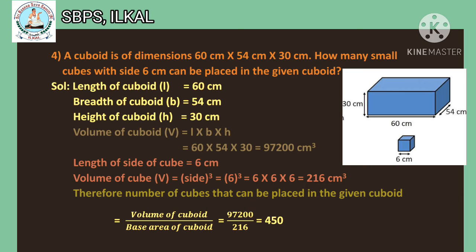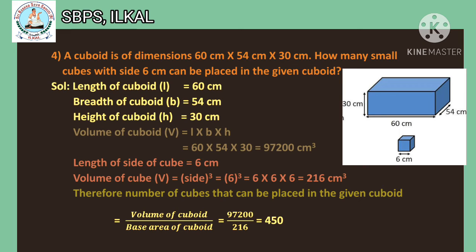We know that volume of cuboid is equal to length into breadth into height, which is equal to 60 into 54 into 30, which is equal to 97,200 cubic centimeter.